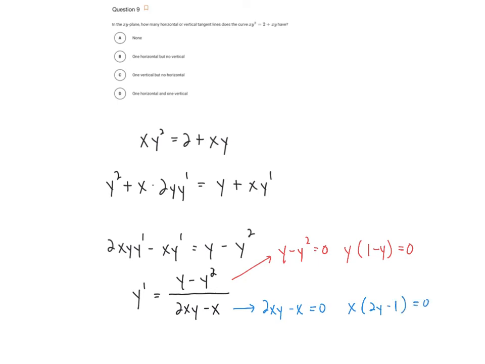When x equals 0, there's a vertical tangent. When y equals 1/2, there's a vertical tangent.